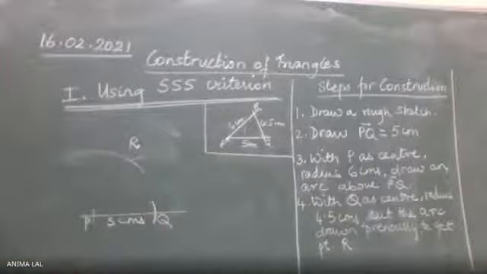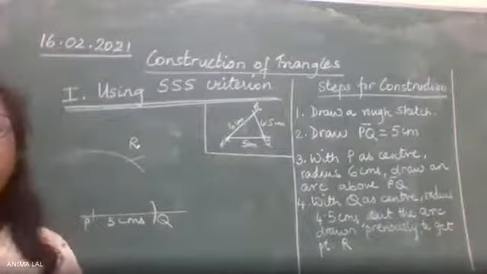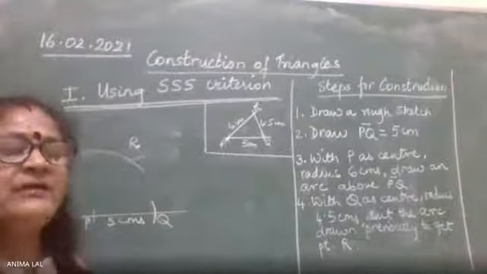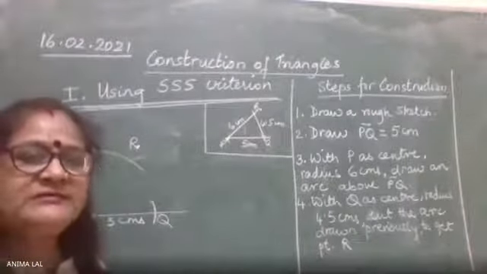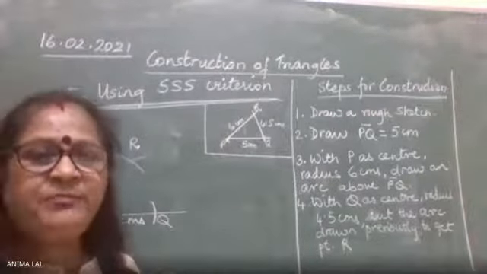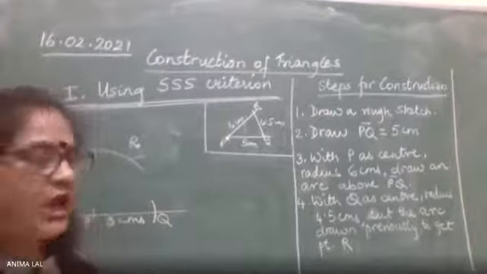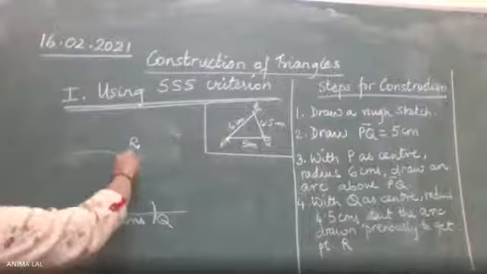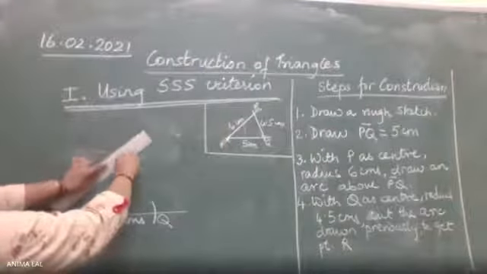Now the next step is to join them. Joining is very important. Take your long pencil. See that the tip of the pencil is sharp. Put the pencil point exactly at the point here. Bring your ruler.